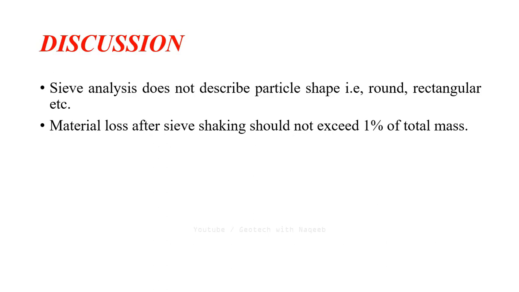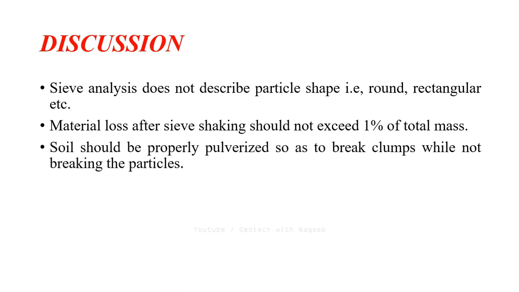Material loss after sieve shaking should not exceed 1% of the total mass, as I have already explained. We must be careful regarding the performance of this test. Soil should be properly pulverized so as to break the clumps while not breaking the particles. The meaning is that if the soil contains some fines and some moisture content, it will form clumps due to its plasticity.